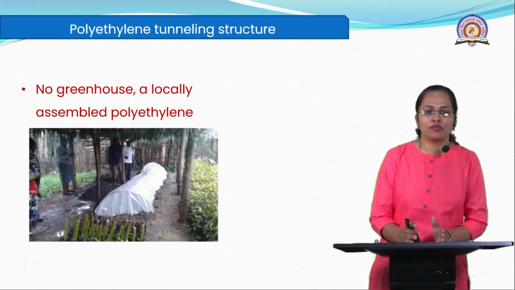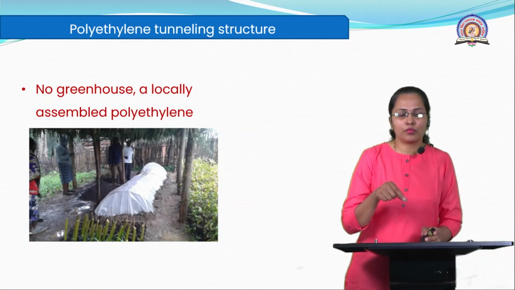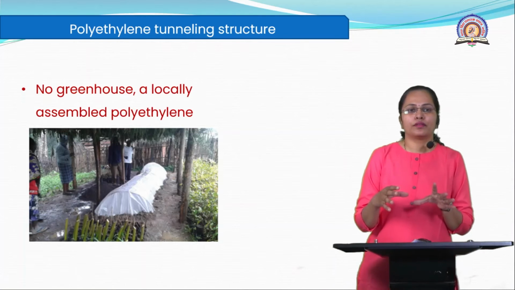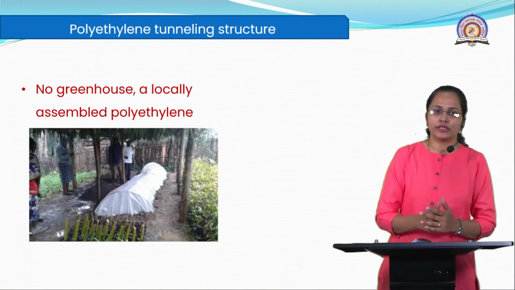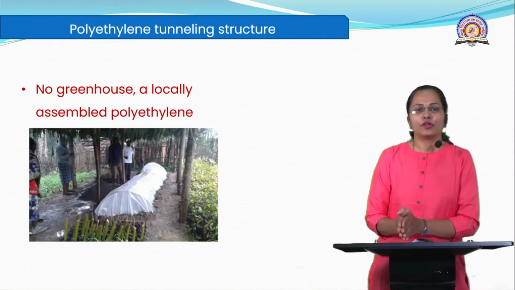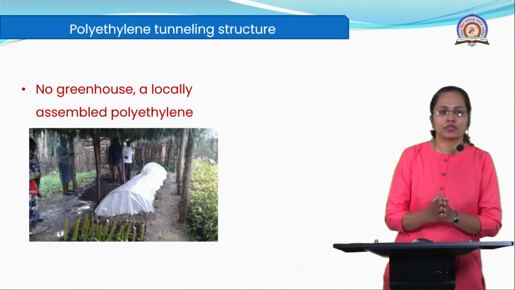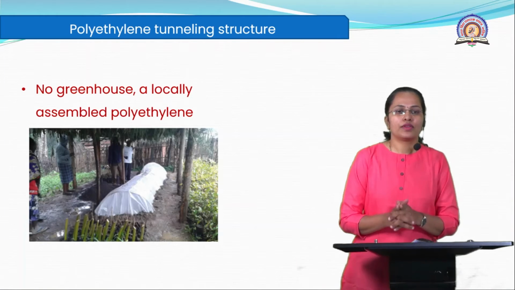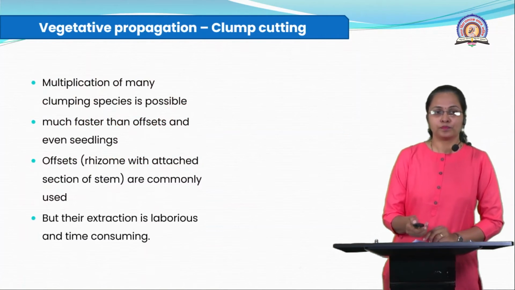Initially, as you can see in the nearer picture, the cuttings of bamboo were sown, and over them we put the tunnel, which is covered with the polythene sheet. This is a regular method which can be practiced if a greenhouse is not available. By using such a polythene tunnel, we can prepare plantlets of bamboo.